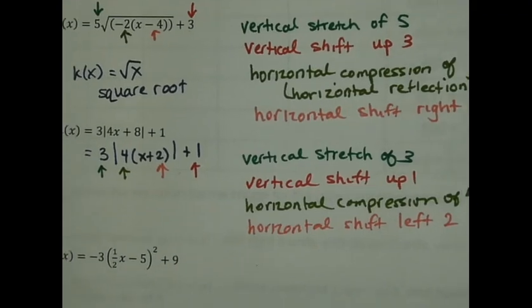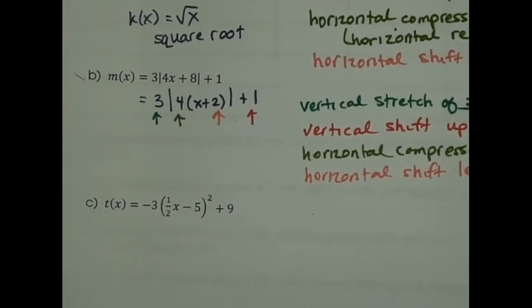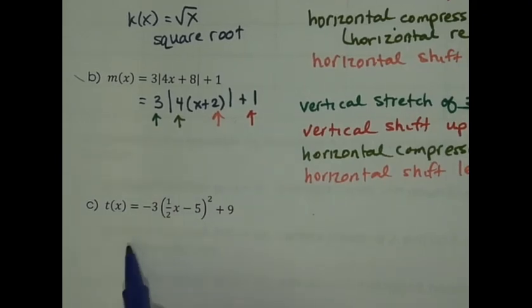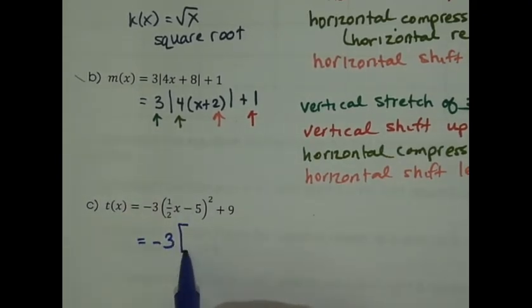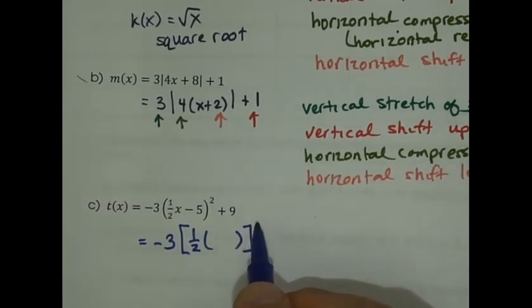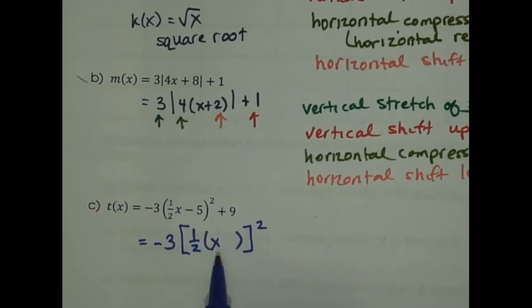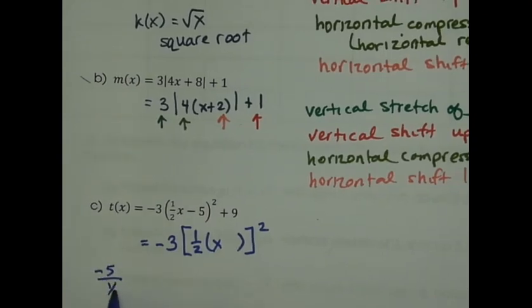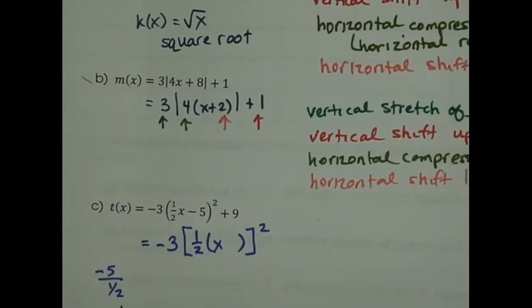All right, so let's look at this last one. This last one, same idea. There are no brackets here. So I gotta look at that middle. Now, this is a little tricky, all right? And we talked about this idea of how do we divide out a fraction. So the idea there is if I take -5 and divide it by half, that ends up being -10.